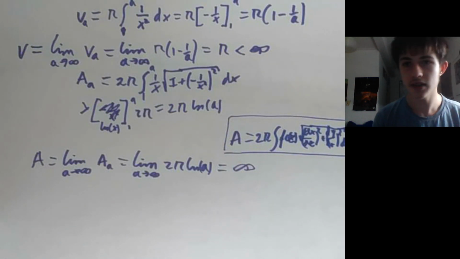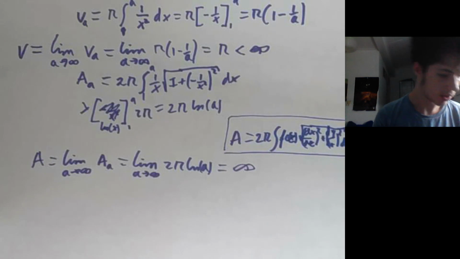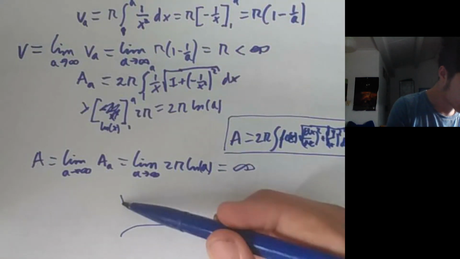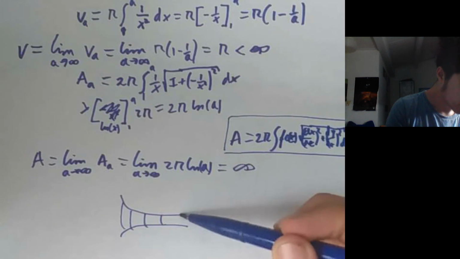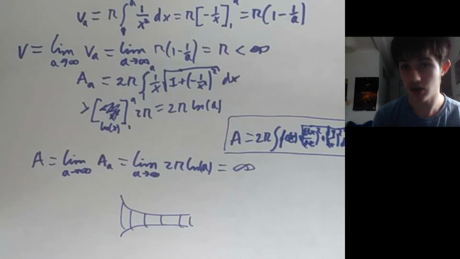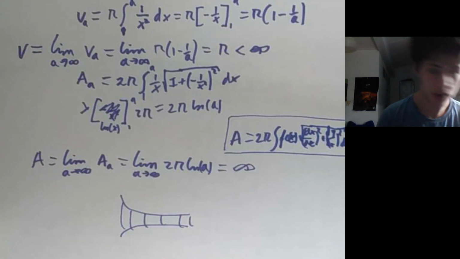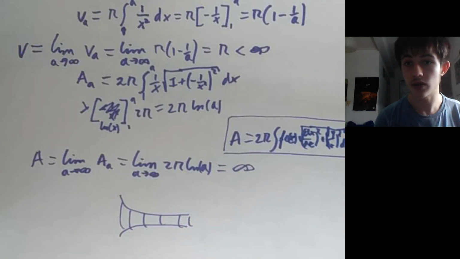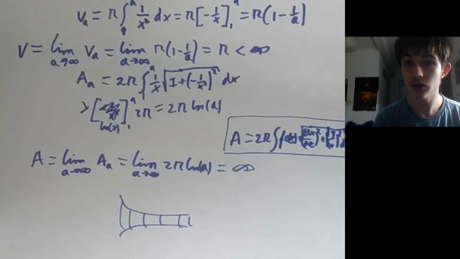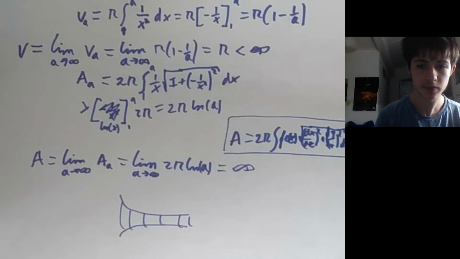So this object that we have, this horn, I'll make a quick picture again. Its volume is finite. It's pi units. So we can, for example, fill it with paint, although we cannot paint the surface, because the area is infinite.